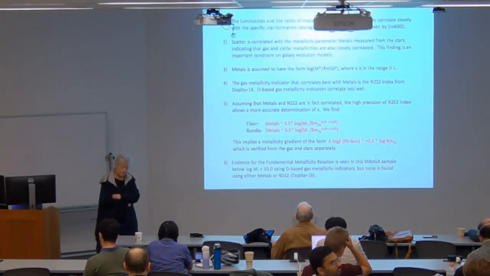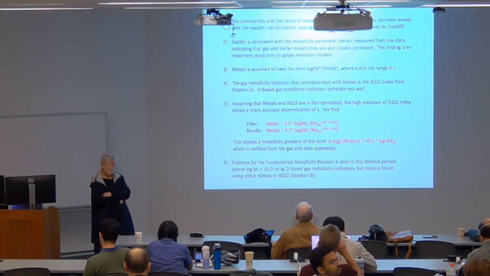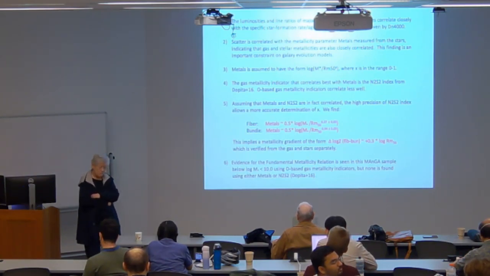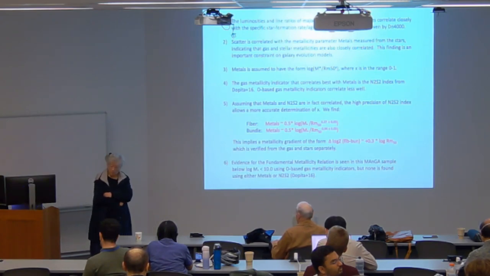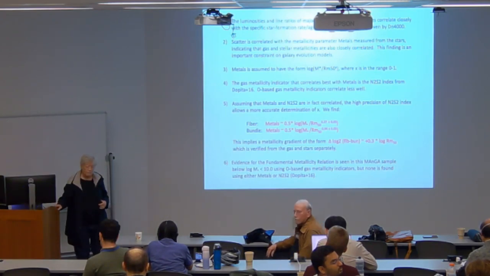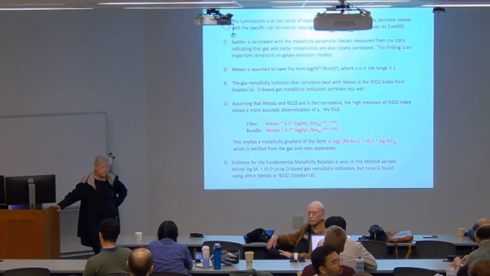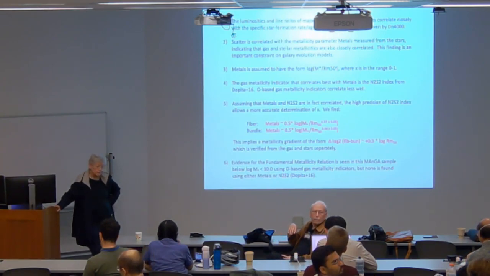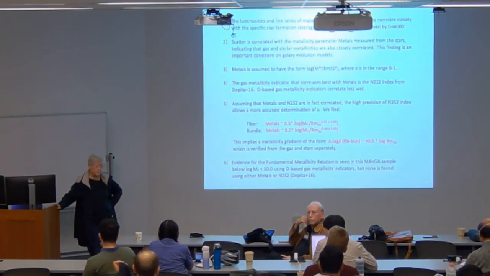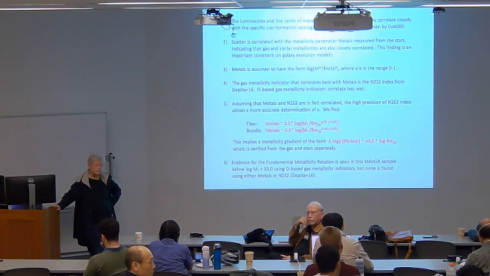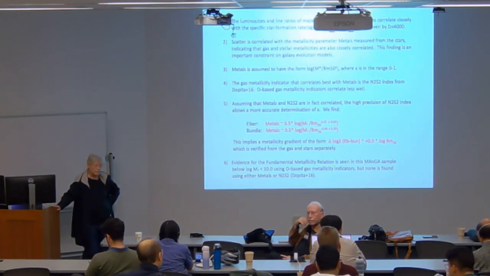This is very interesting, and I'm just wondering, another possible explanation I could see for why the Dopita diagnostic would be doing different things that agree better with the stars is that the Dopita diagnostic relies on this galactic concordance N to O ratio, which is well established for stars in the Milky Way, but I don't think we know how universal it is.